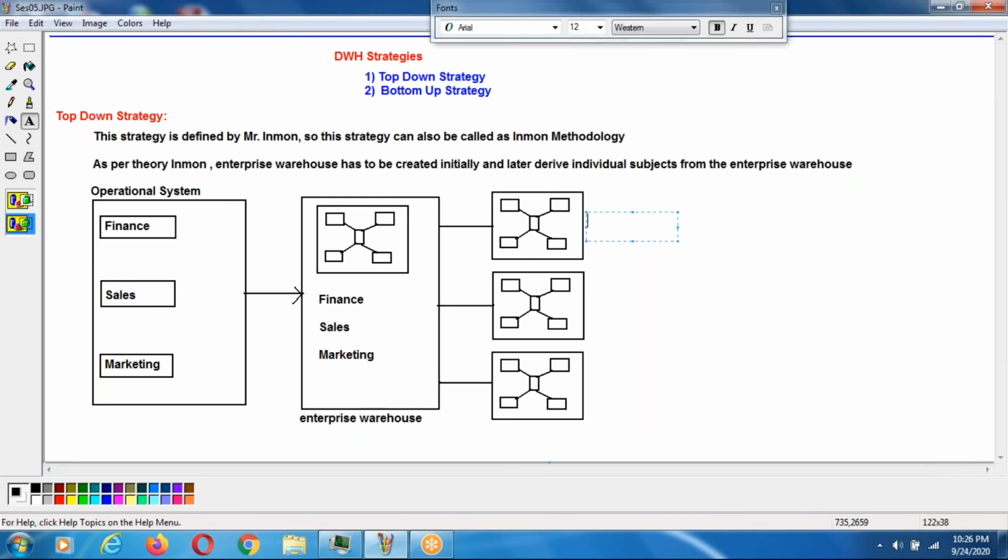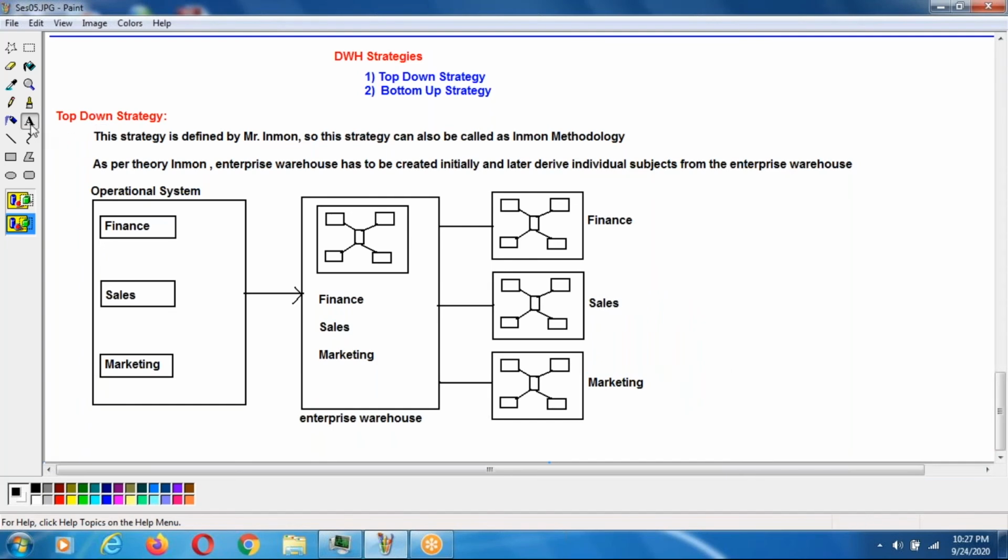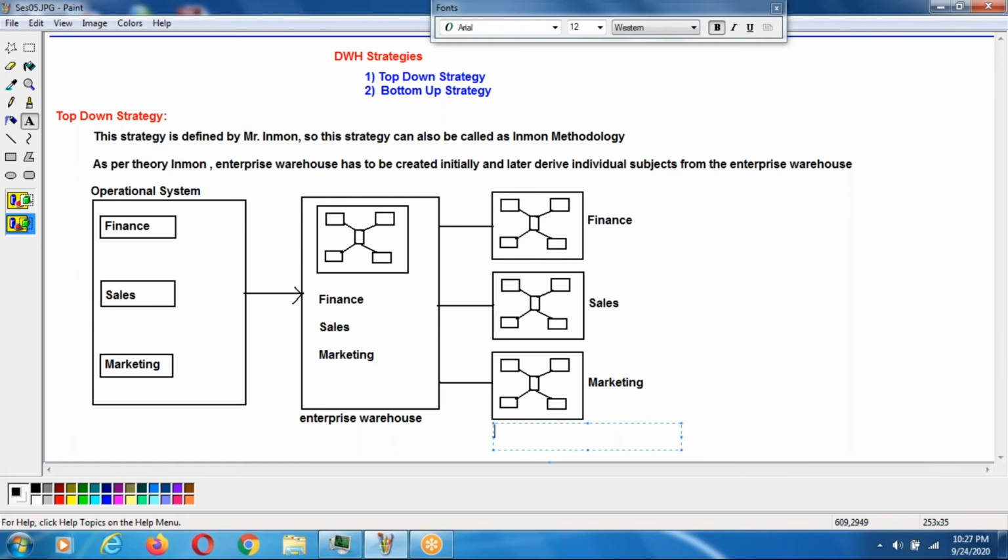So maybe the first one belongs to finance data, consisting only of finance related details. The second one consists only of sales related data, and the third one consists only of marketing related data. Now these subjects depend on the enterprise warehouse. Until the enterprise warehouse is ready, you cannot create these subjects. So these are called dependent subjects because they depend on the warehouse. Clear?